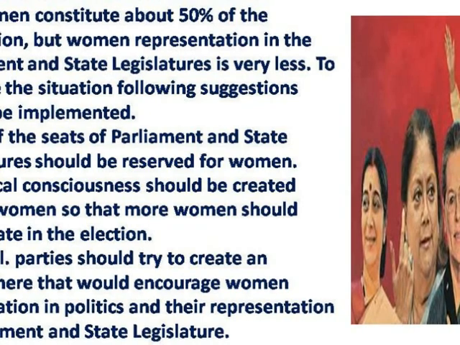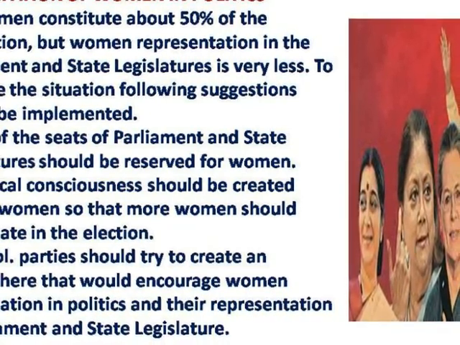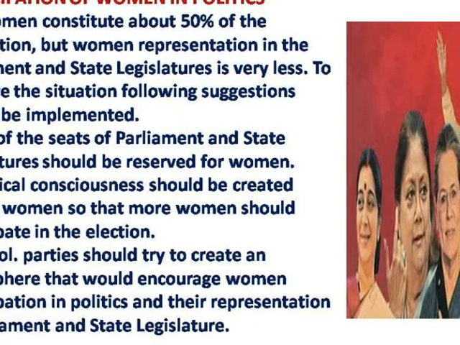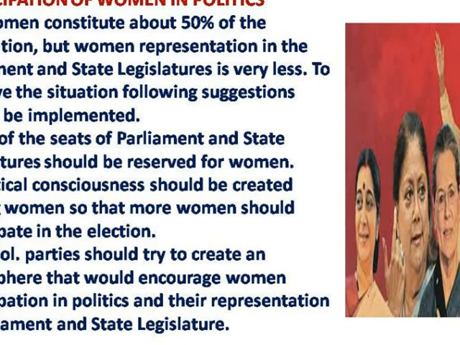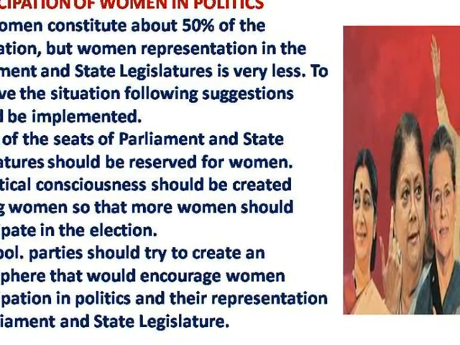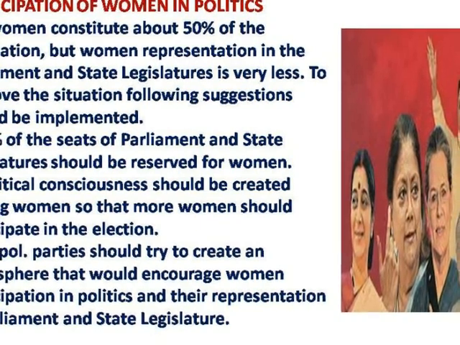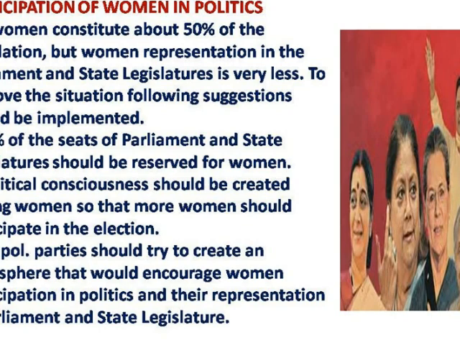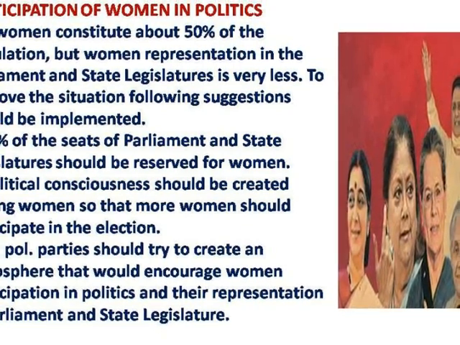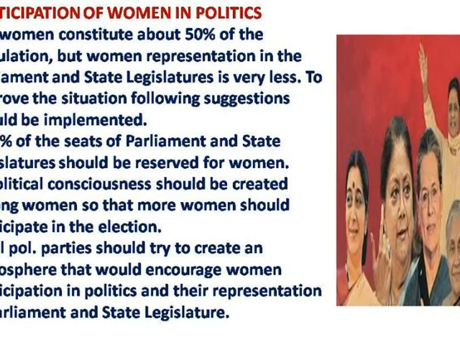Next, a very important topic is to suggest measures to improve the participation of women in politics. As we know, women constitute about 50% of the population, but women's representation in Parliament and the state legislatures is very low. To improve the situation, the following steps should be implemented. 33% of seats of Parliament and state legislatures should be reserved for women.